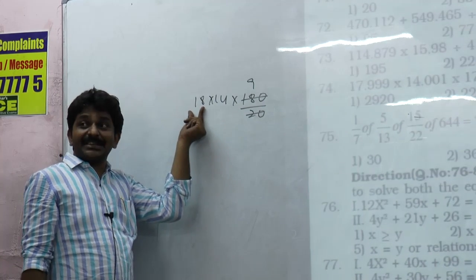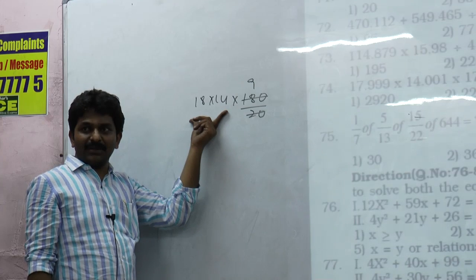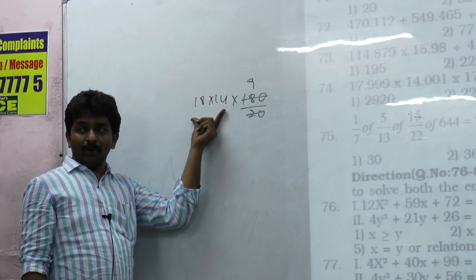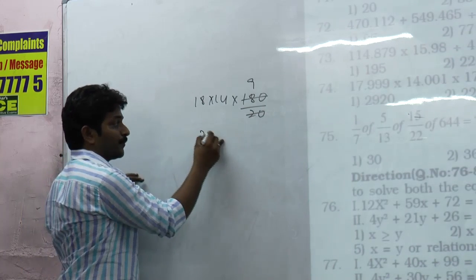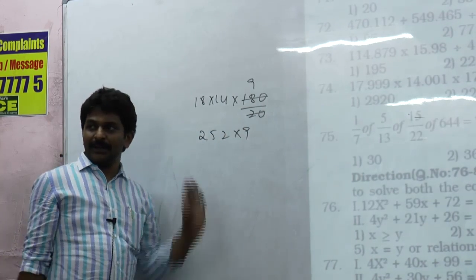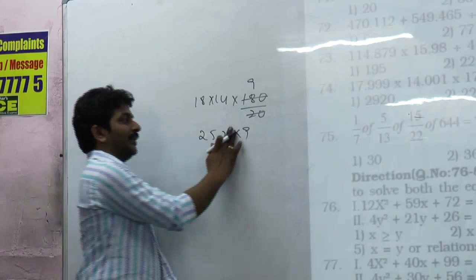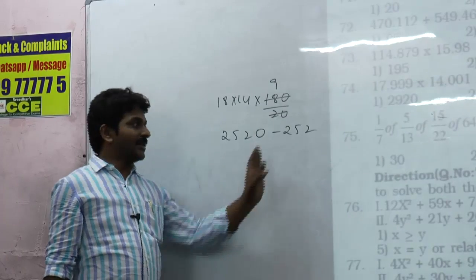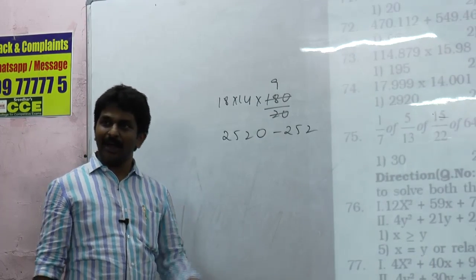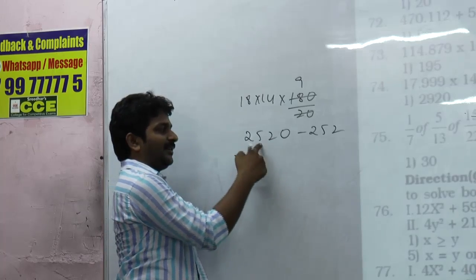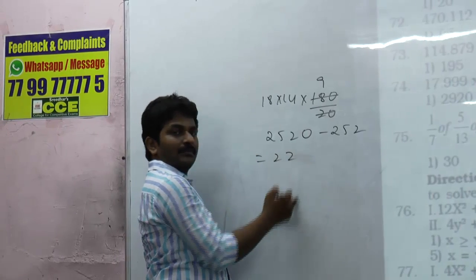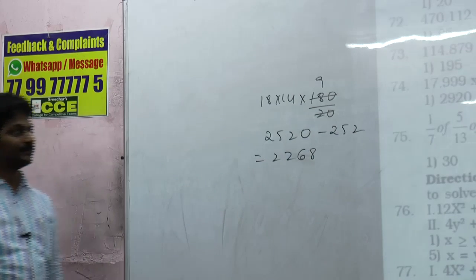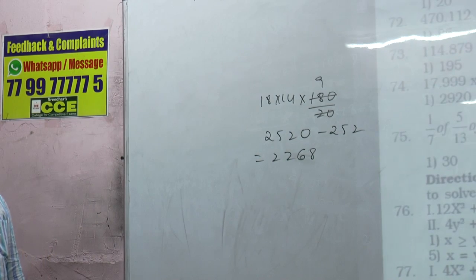Let me write this number 16 plus 2, 16 minus 2, 16 square minus 2 square. 16 square, 256 minus 2 square, 4. 256 minus 4, 252 into 9. 10 times minus 1 time. Instead of 252, subtract 300, add 48. Subtract 300, add 48. 2268. Second option.